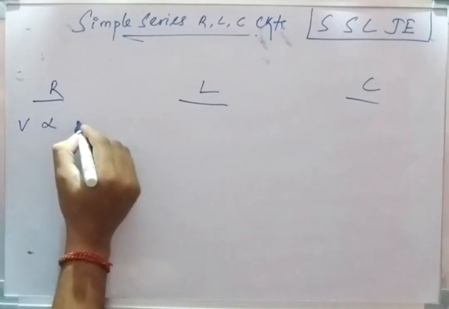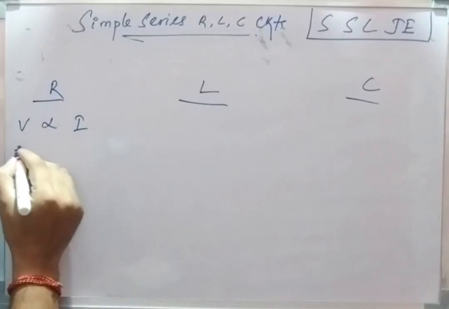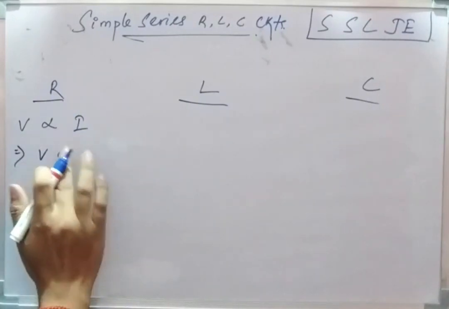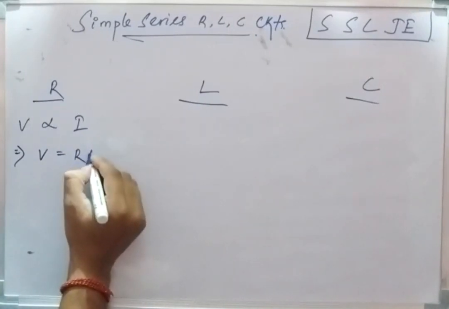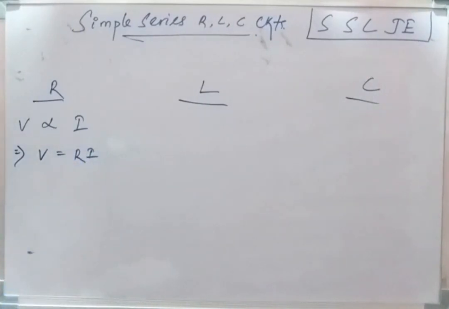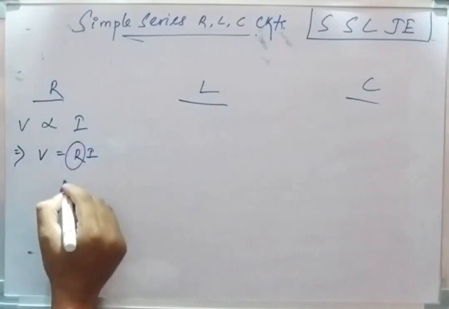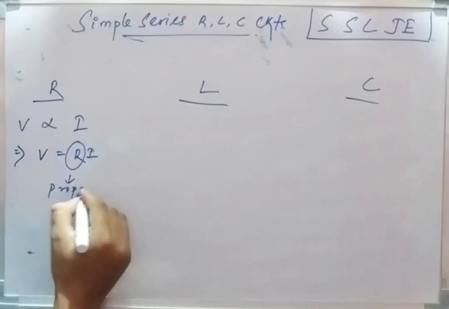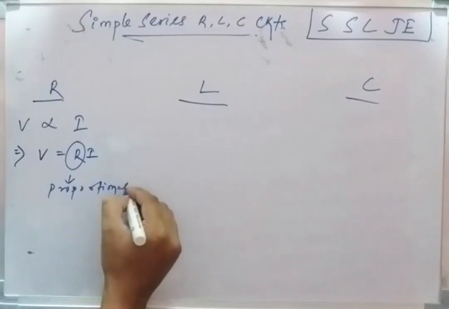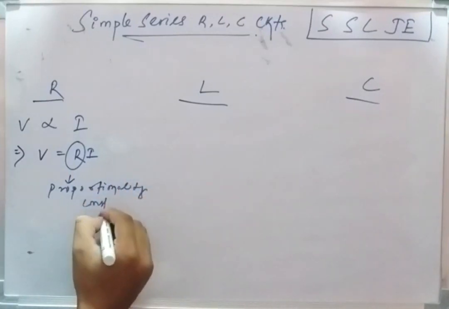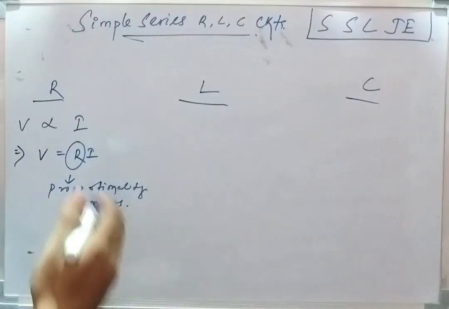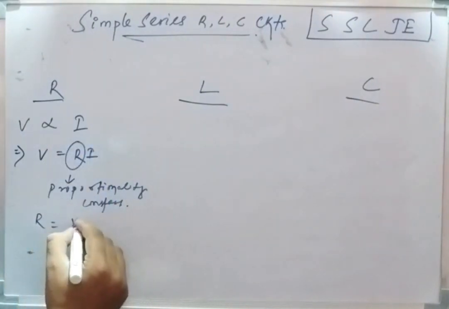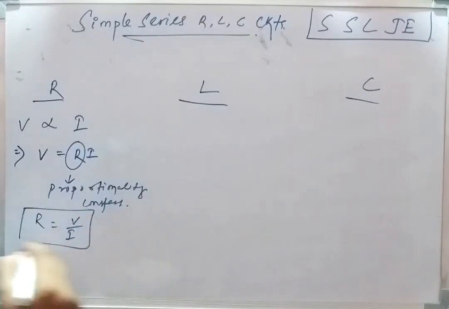Voltage is directly proportional to I. So by multiplying a proportionality constant R, we get V equals Ri. So resistance is a proportionality constant, and the value will be R equals V by I. This is the mathematical definition.